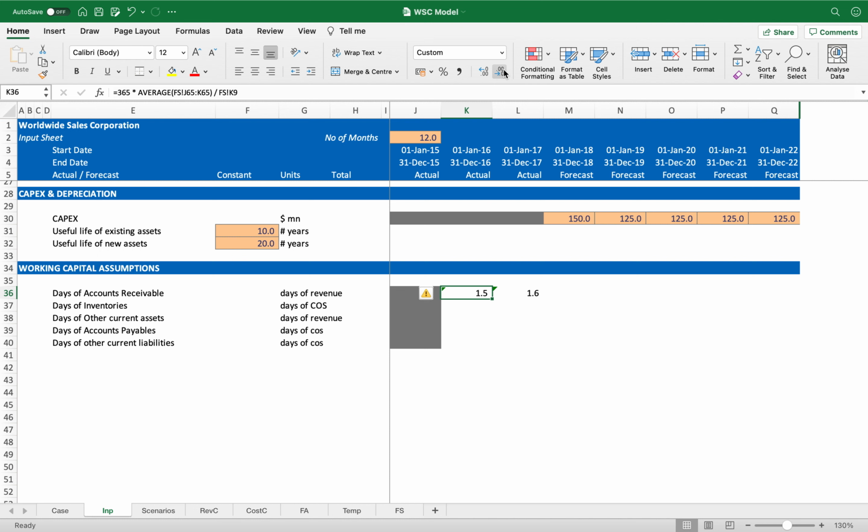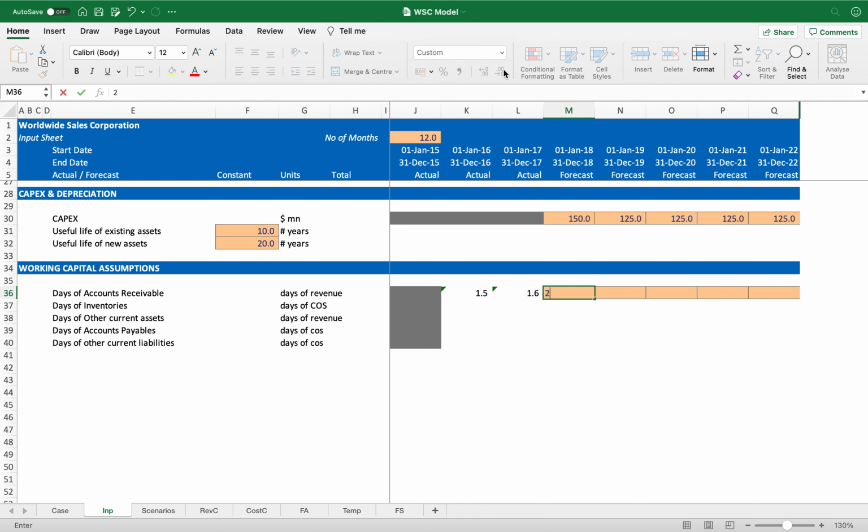Now, what assumption can I make going forward? Let's assume going forward, let's take this assumption of having 2 days of revenue going forward.